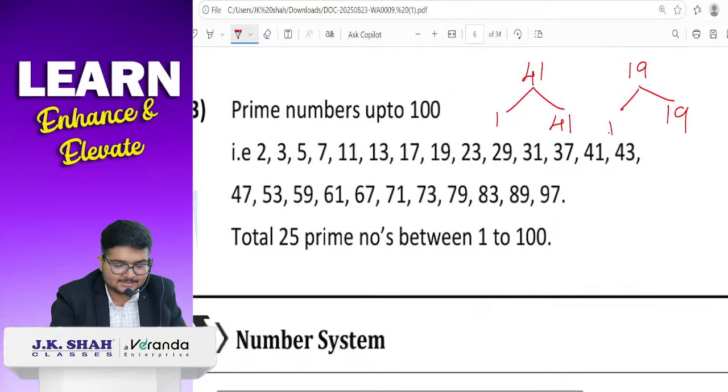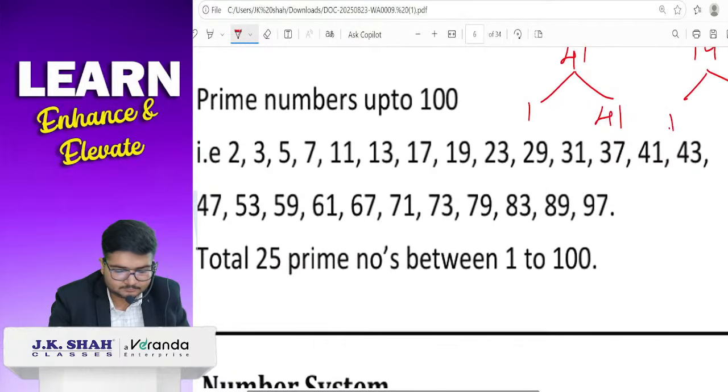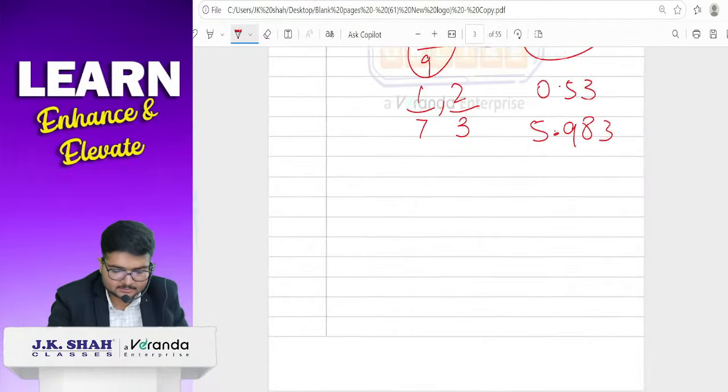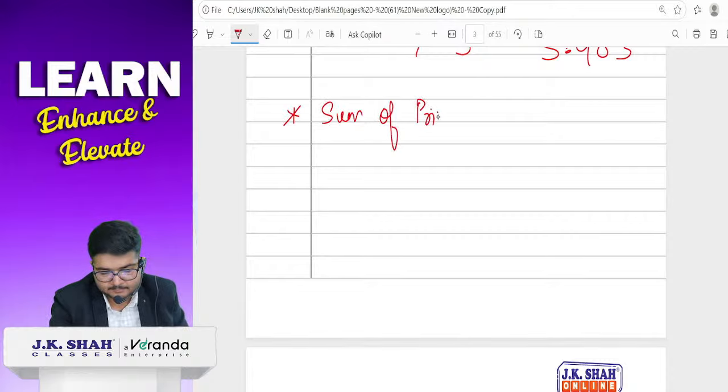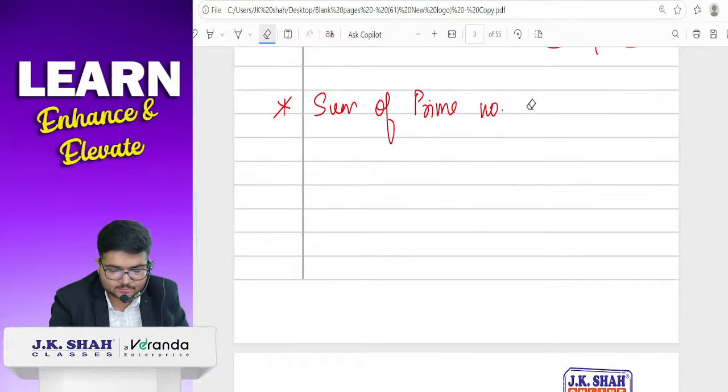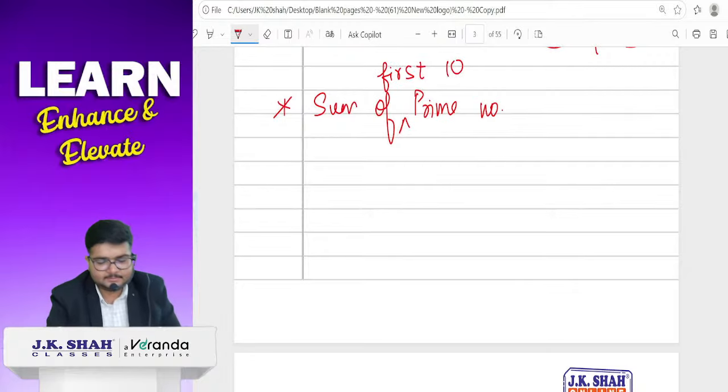Find the sum of the first 10 prime numbers.